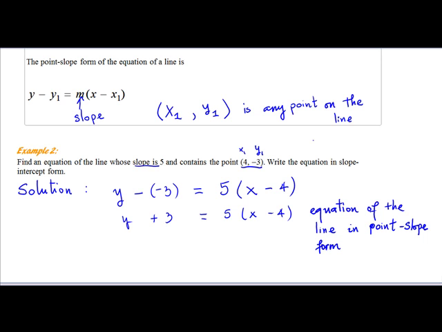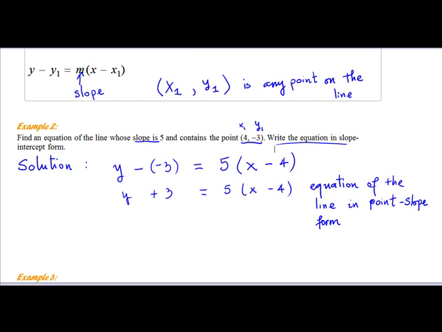Okay, now they ask us to write the equation in the slope-intercept form. That means you have to solve for y. And to solve for y, I'm going to distribute the 5 inside here. I have 5x, and 5 times minus 4 is minus 20.